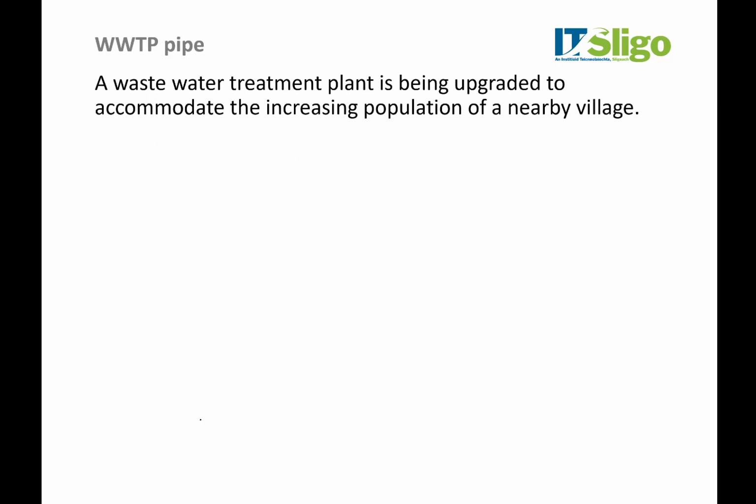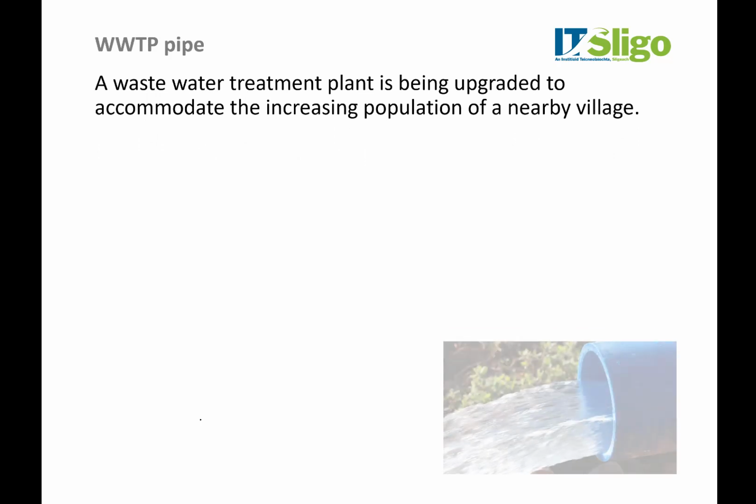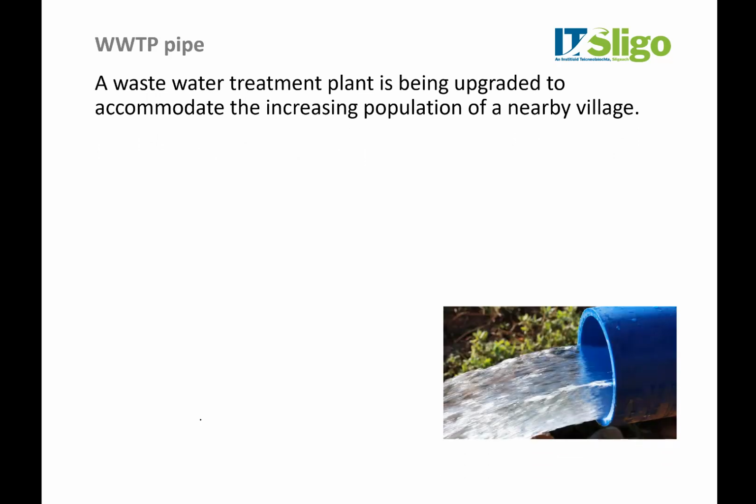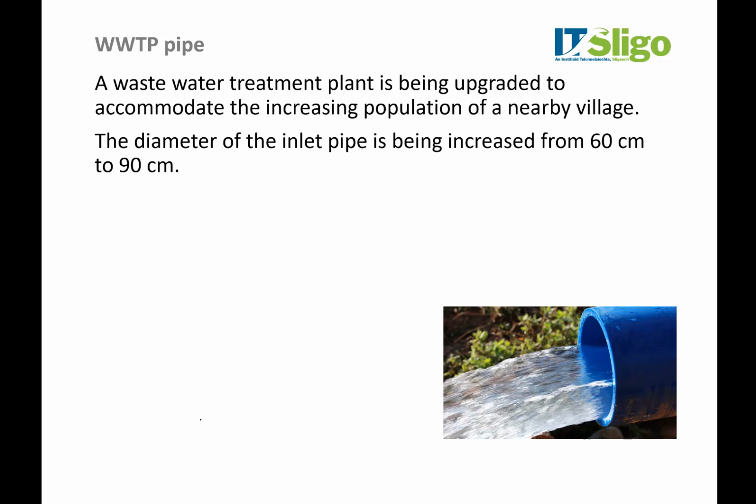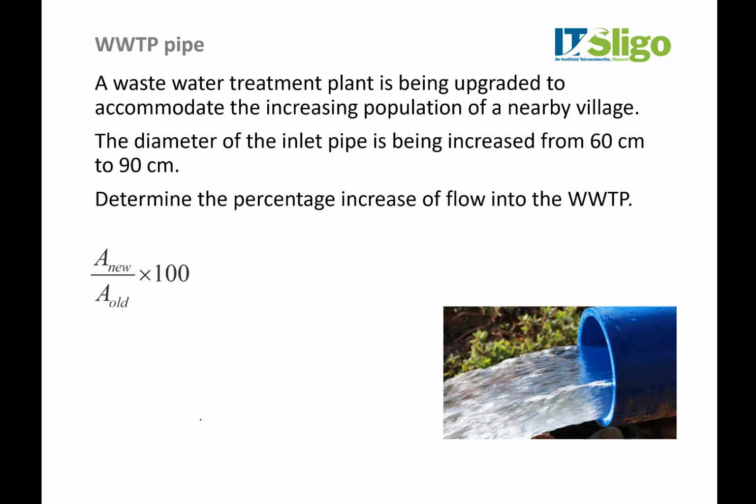Wastewater treatment plant, not pipe, is been upgraded. The diameter of the inlet pipe is been increased from 60 to 90 centimeters and determine the percentage increase in flow. So again, we're looking for the new area over the old area.